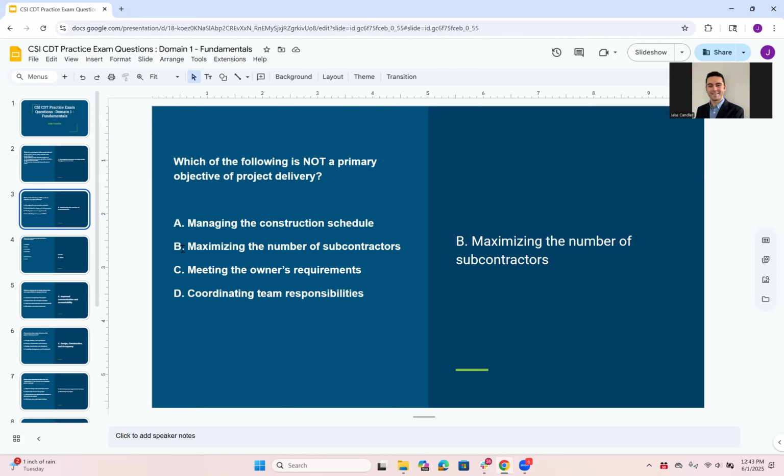We could have 5, we could have 10, we could have 0. And then C, meeting the owner's requirements. Of course, we want to do that. And then lastly, coordinating team responsibilities. Of course, we want to do that. So which of the following is not a primary objective? This would be B.